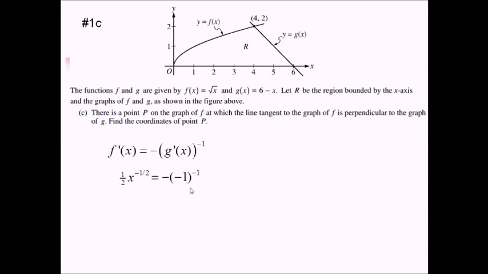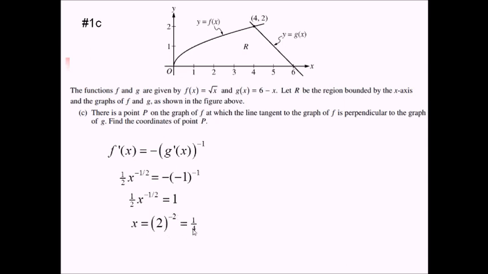A whole lot of negatives here. Okay, so this is really just going to be the negative reciprocal of negative 1, which all just comes out to positive 1. And then I can multiply by 2 and raise both sides to the negative 2 to get rid of this negative 1/2. So I have 2 to the negative 2, which is 1/4.